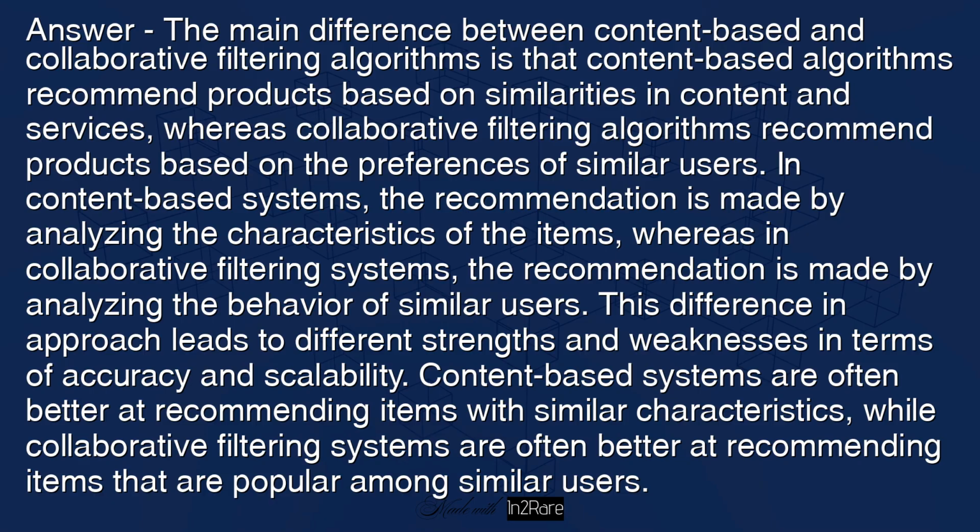In content-based systems, the recommendation is made by analyzing the characteristics of the items, whereas in collaborative filtering systems, it is made by analyzing the behavior of similar users. This difference in approach leads to different strengths and weaknesses in terms of accuracy and scalability. Content-based systems are often better at recommending items with similar characteristics, while collaborative filtering systems are often better at recommending items that are popular among similar users.